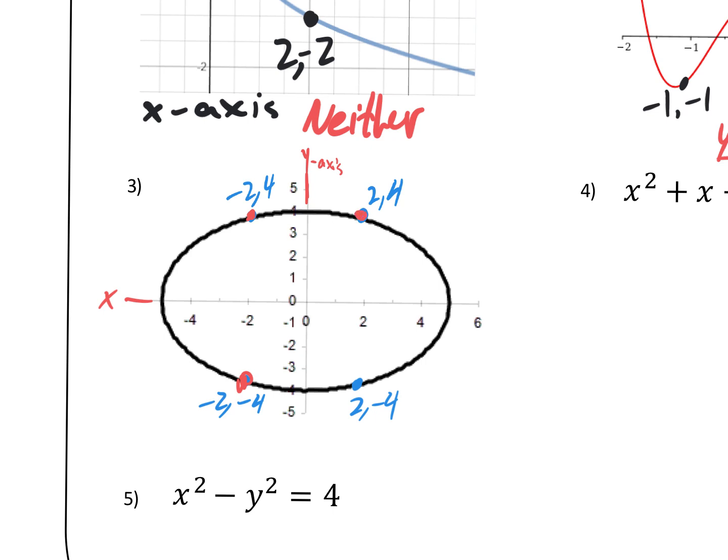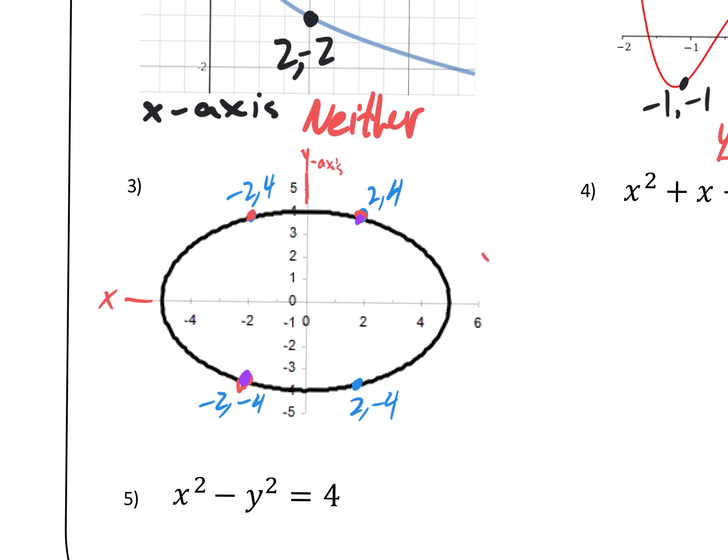Okay, so with that in mind, we can also do the origin symmetry, which means I should have points across from each other right here, (2, 4) and (-2, -4), that are perfect negatives of each other. Okay, so what you'll see is that this actually has symmetry from all three axes or setups.